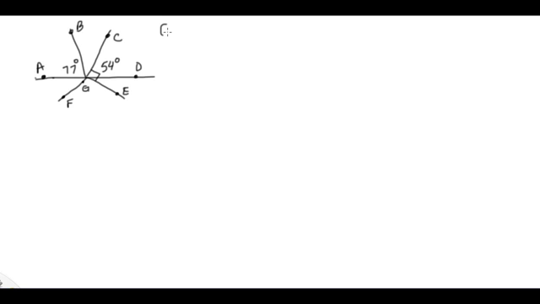We're going to be given that line segment CG is perpendicular to line segment GE. We're also given angle AGB equals 77 degrees.